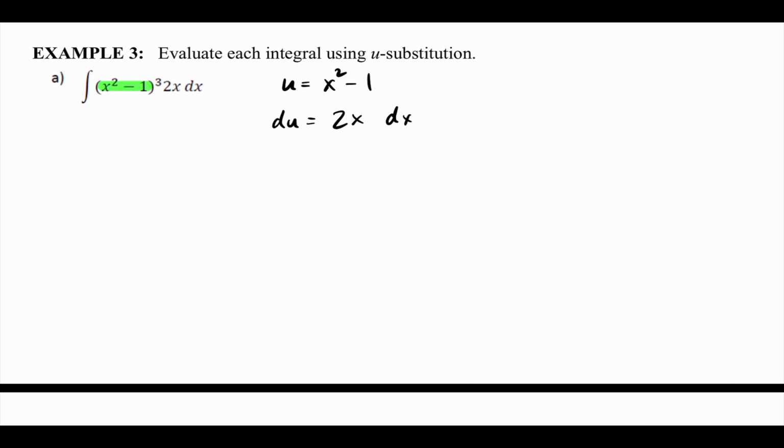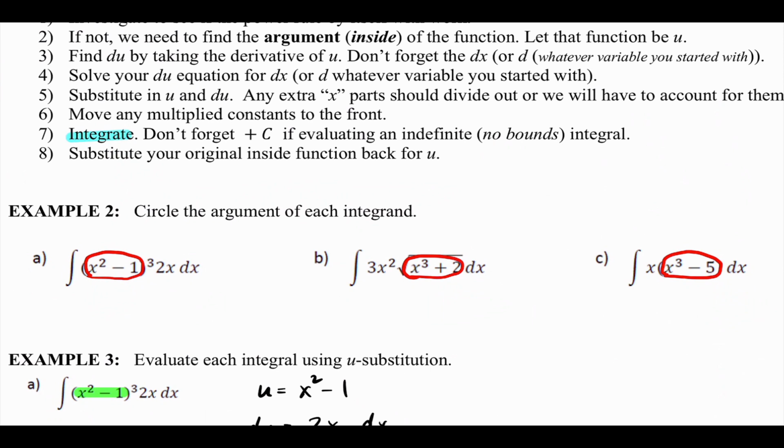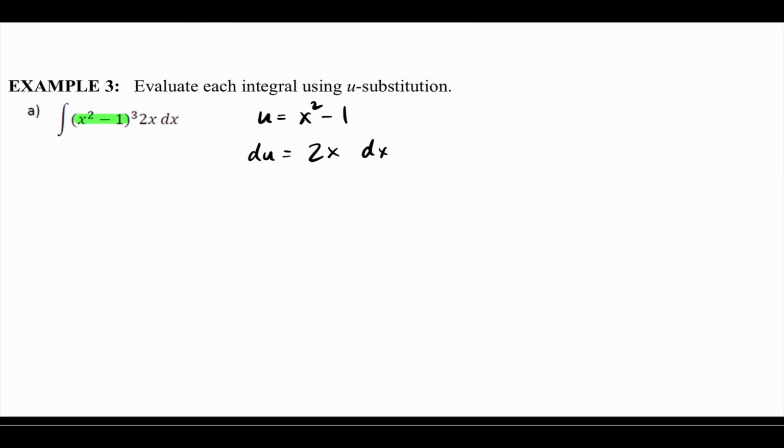Because we're not living in the x world anymore. We're living in the u world. So that's why I need the dx. Okay? Next step. Solve your du equation for dx. Okay? So the du equation, I have to solve for dx. So how am I going to get dx by itself?